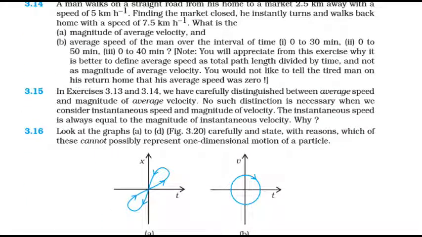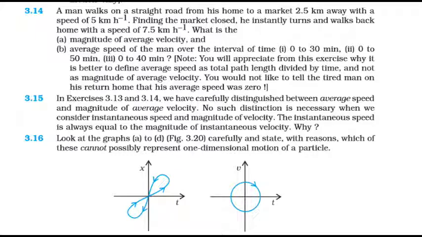So the question is, a man walks on a straight road from his home to a market 2.5 km away with a speed of 5 km per hour. Finding the market closed, he instantly turns and walks back home with a speed of 7.5 km per hour.